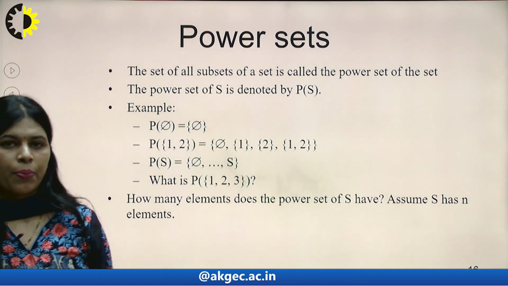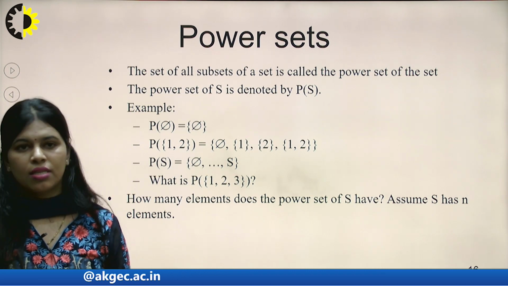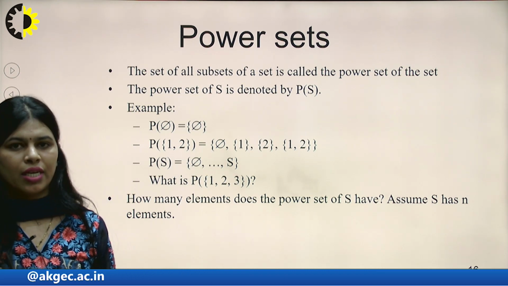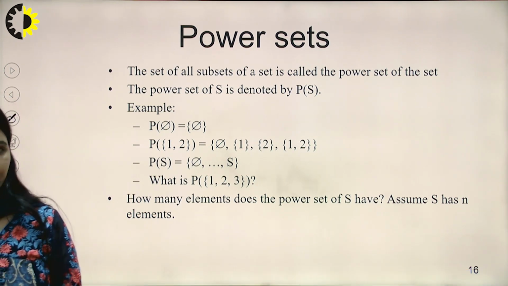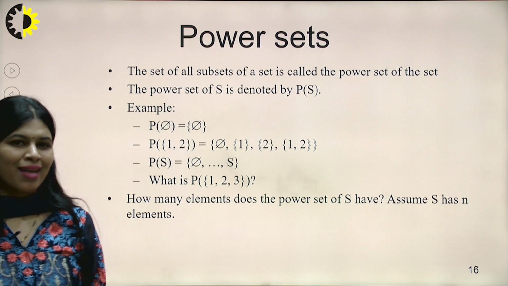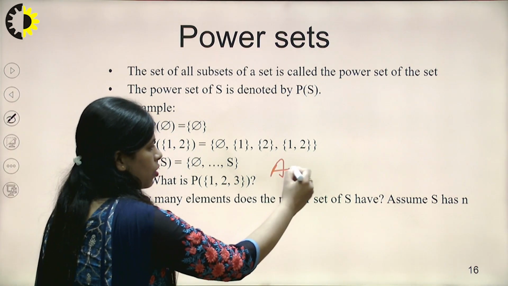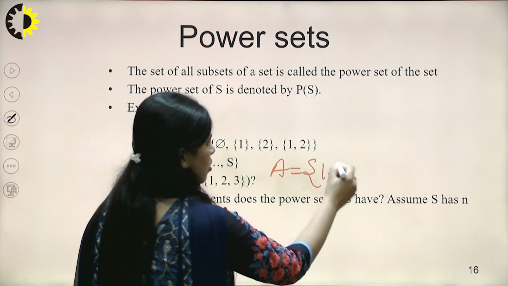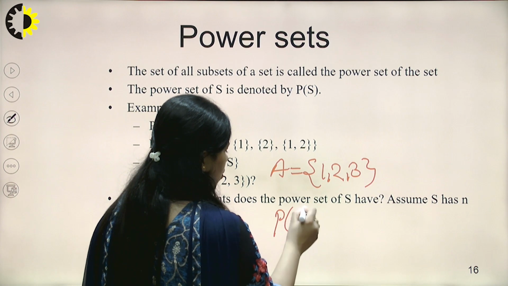Now the next topic is power set. What do you mean by power set? The set of all subsets of a set is called the power set. I am explaining through an example. Take any set A equal to 1, 2, 3. What should be the power set of A?